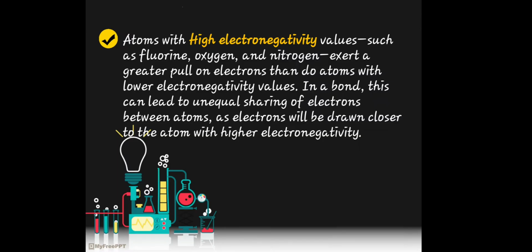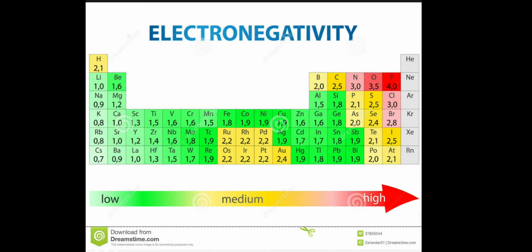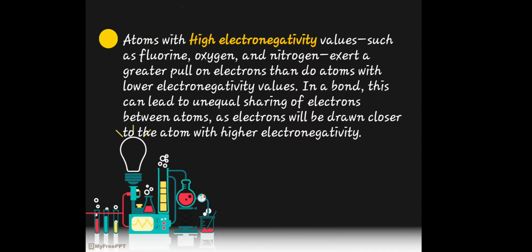So atoms with high electronegativity values such as fluorine, this is the explanation between the range of electronegativity from low, medium to high. High electronegativity values such as fluorine, oxygen, and nitrogen exert a greater pull on electrons than atoms with lower electronegativity values. In a bond, this can lead to unequal sharing of electrons between atoms, as electrons will be drawn closer to the atom with higher electronegativity.